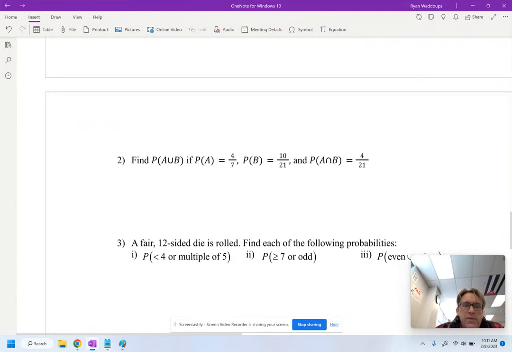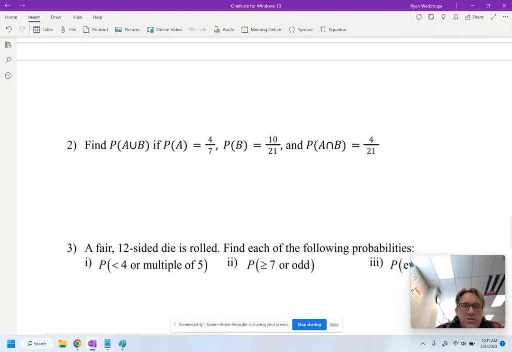Okay, probability of A union B, if the probability of A is 4/7, the probability of B is 10/21, and the probability of A and B is 4/21. So once again, it's just 4/7 plus 10/21 minus 4/21, and you can put that in your calculator. So just make sure you write each fraction in a set of parentheses.